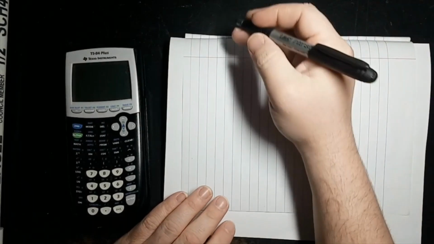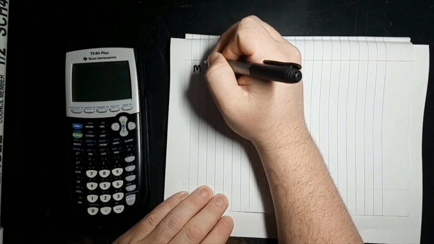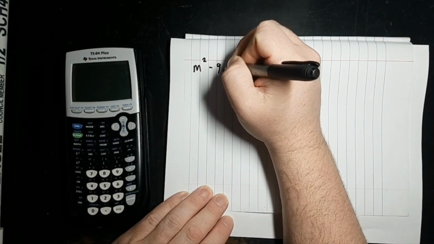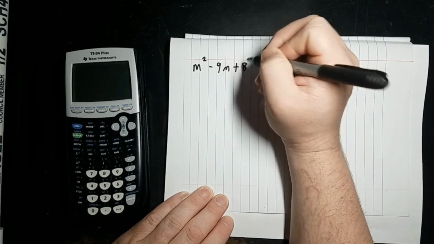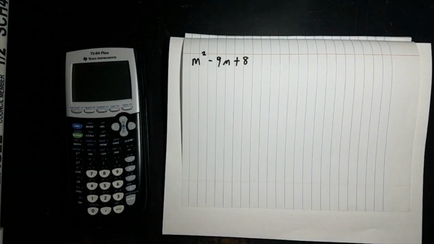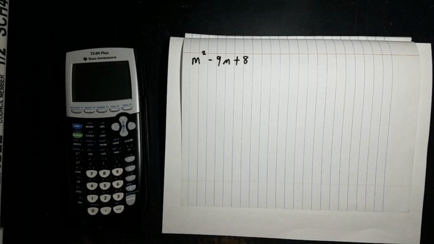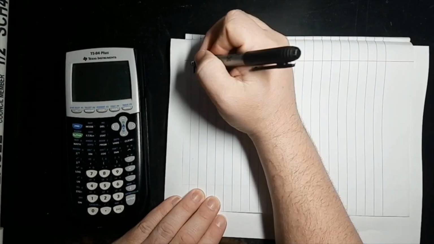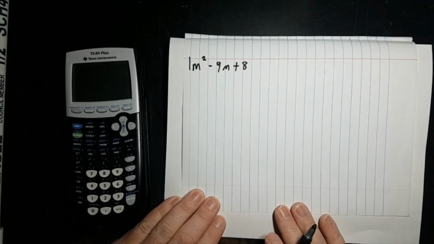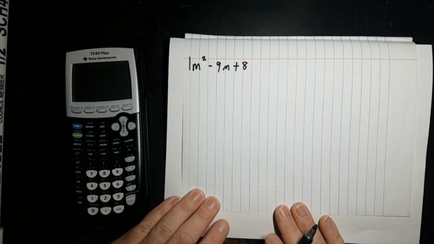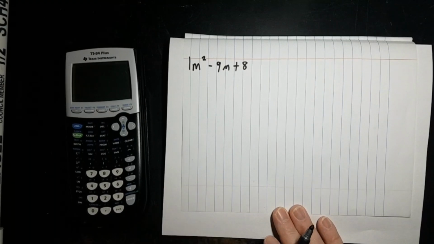Let's try this one. Let's try m squared minus 9m plus 8. Now, again, pause the video now if you want to give this one a shot on your own. Otherwise, follow along. It's a 1m squared, so do not have to worry about a GCF in this case, because the GCF is going to be 1.